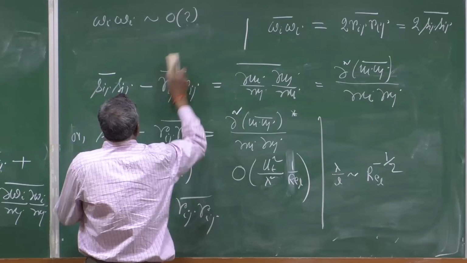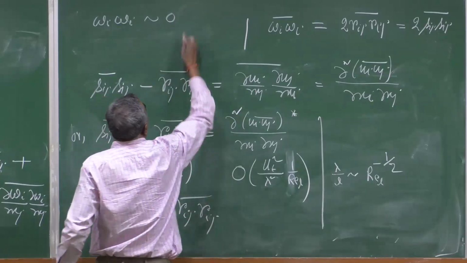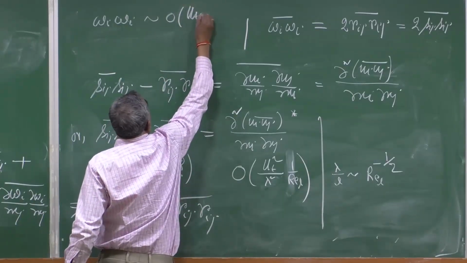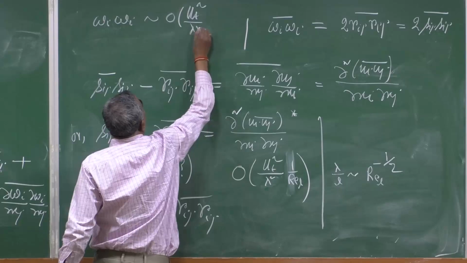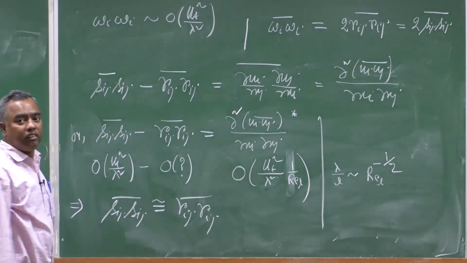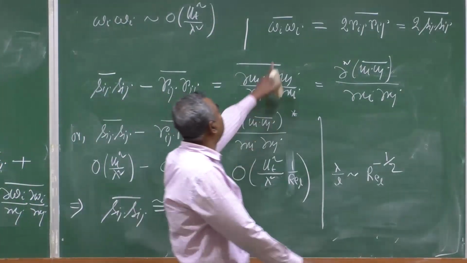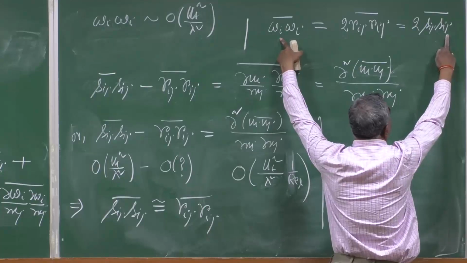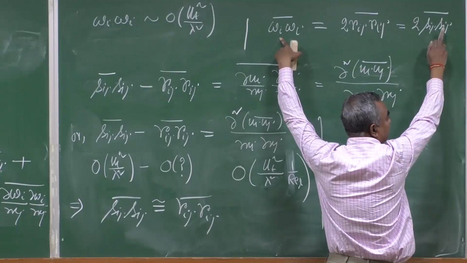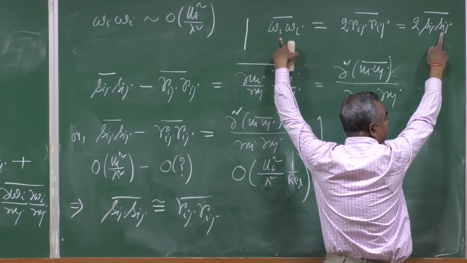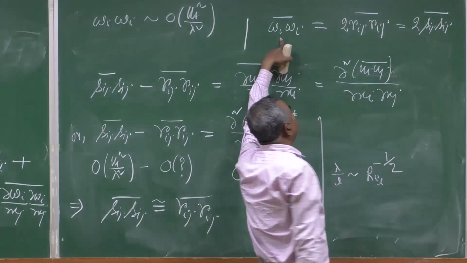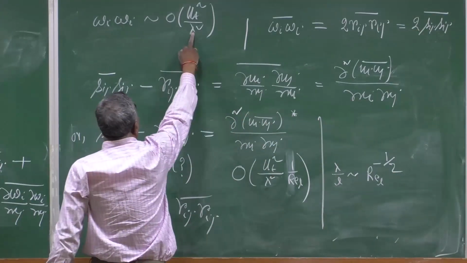So, the order of magnitude of this term is clearly u_t squared by lambda squared, okay, because this is equal to this and the order of this we know from the dissipation, which is nothing but u_t squared by lambda squared.